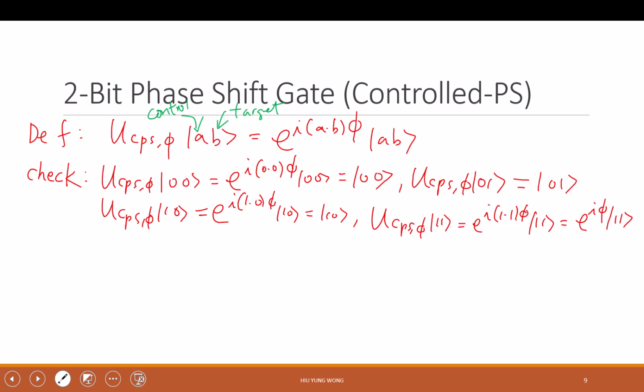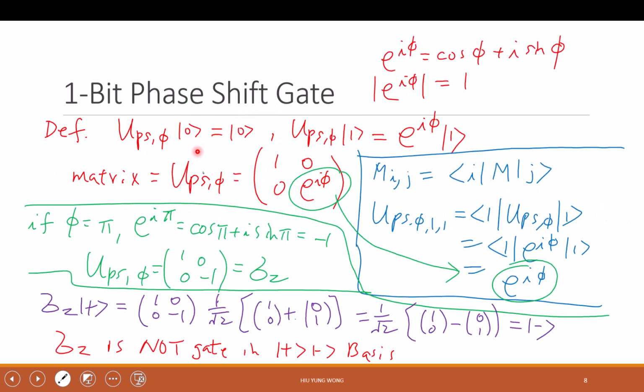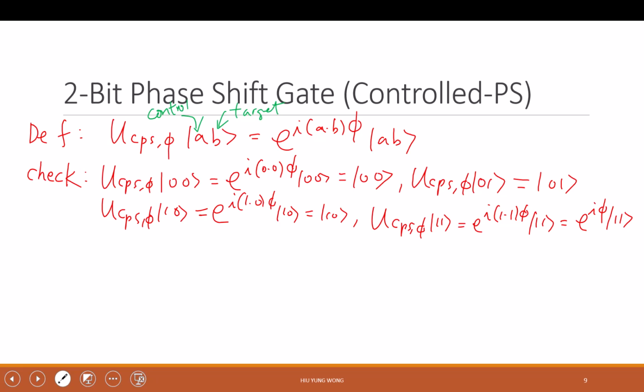But if the control qubit is 1, then apply the phase shift gate to the second qubit. What is a phase shift gate? A phase shift gate does nothing to it if it is 0. You apply e to the power i phi if it is 1, right? So here, the control qubit is 1, so I'm going to apply a phase shift gate to the second qubit.